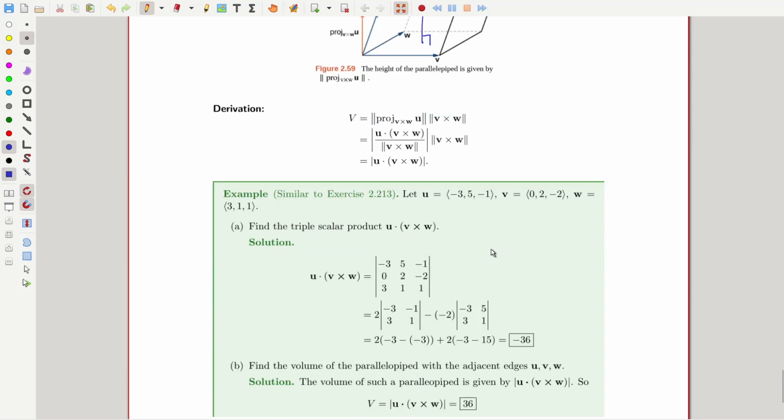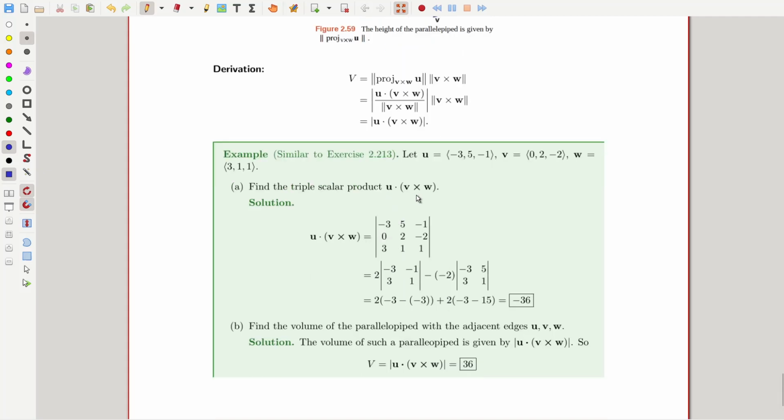Okay, and so now an example. Suppose we're given vectors u, v, and w as given. Find the triple scalar product. That's what it's asking for. So what we do is we insert them into vertical bars. We take a determinant. u is in the top row, v is in the second row, and w is in the third row, just following the order.